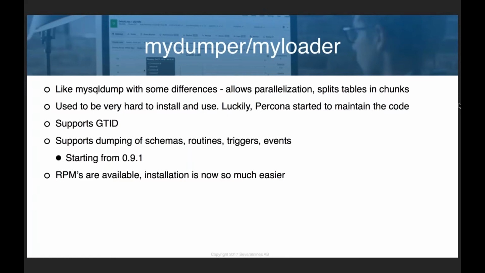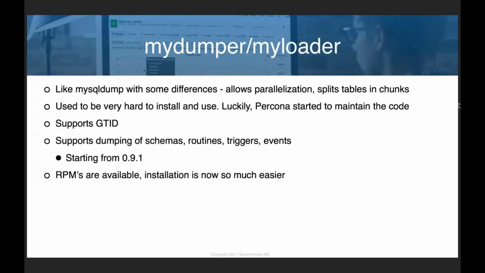It used to be hard to install and use, but in the last 2-3 years, Percona started to maintain the code, and they made some nice improvements. So right now, mydumper supports GTID.